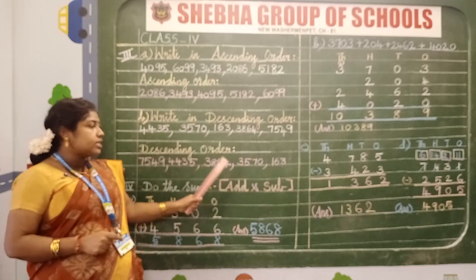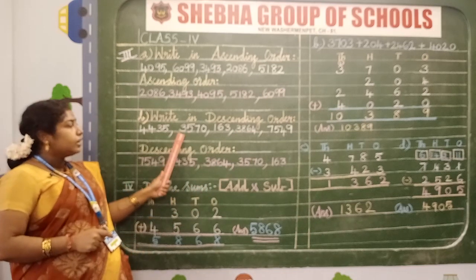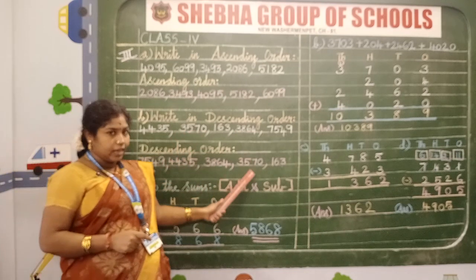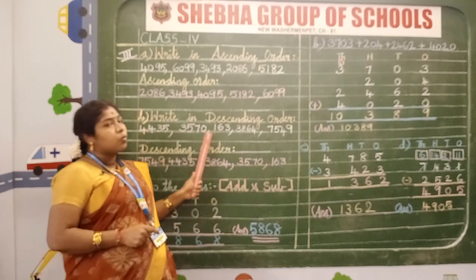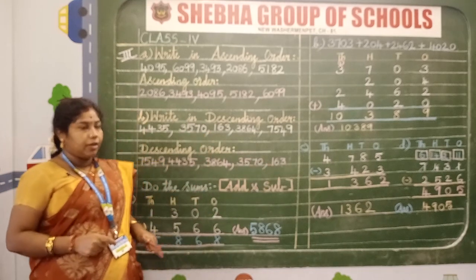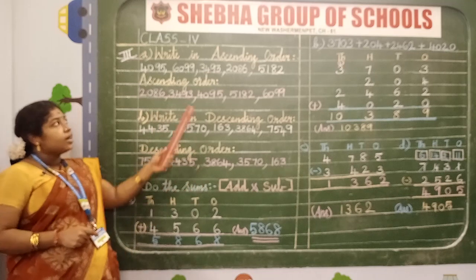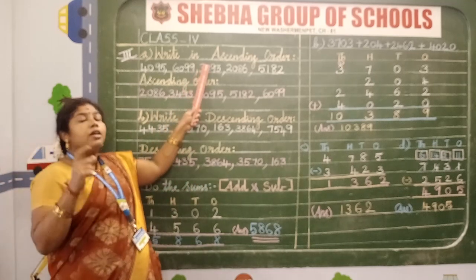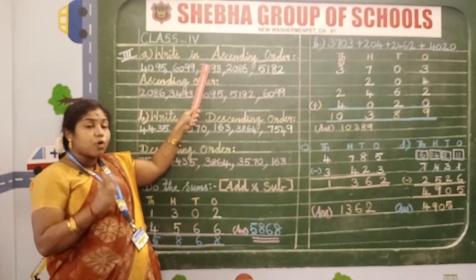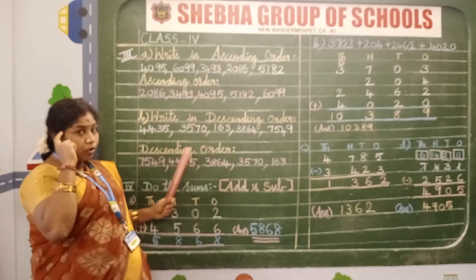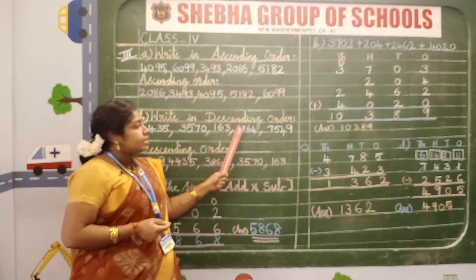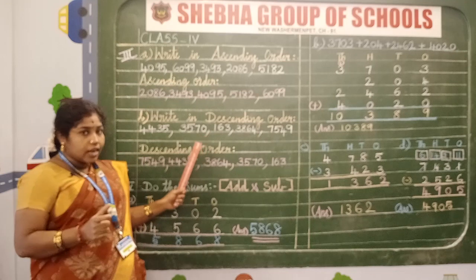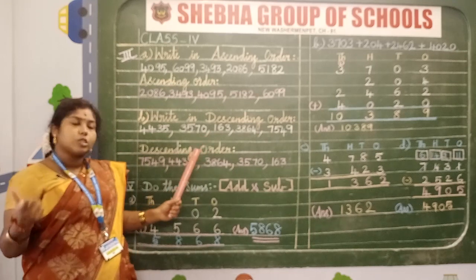So write this. After writing this, 3570, and the last one is 163. I hope everyone understands what is ascending order: arranging the numbers from smaller to greater. Don't forget it, children. Descending order is arranging the numbers from greater to smaller.